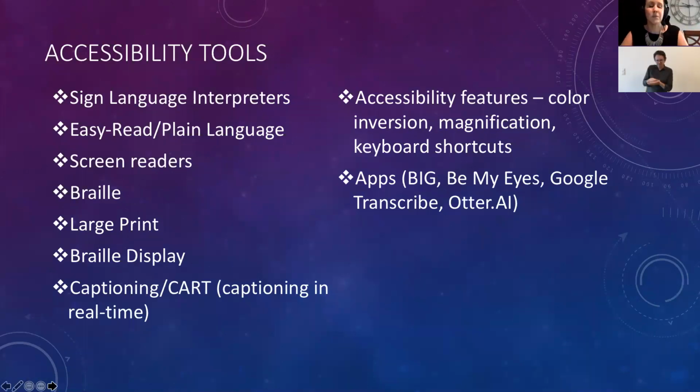Sometimes people will try to type on their phone what they're saying to someone who cannot hear. And that's a good strategy for someone who is deaf. But for someone who is deaf and low vision, having something like Big means that they can make the words so much bigger. So let me show you again.